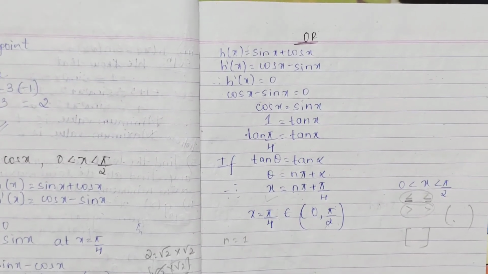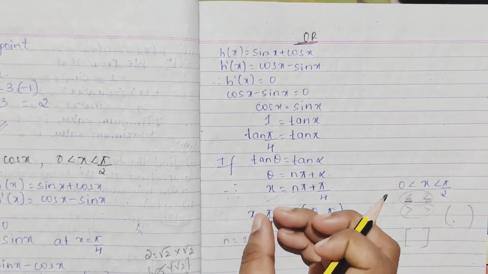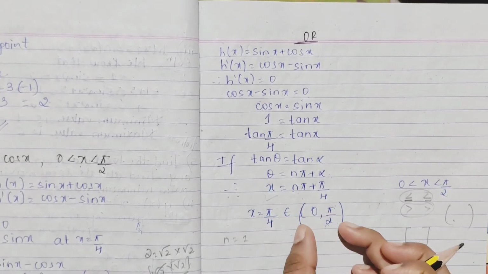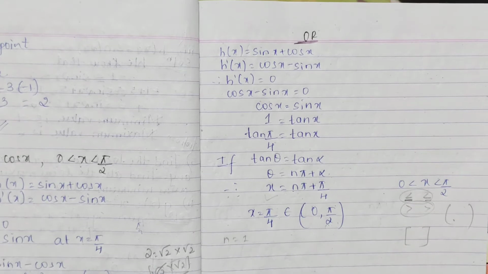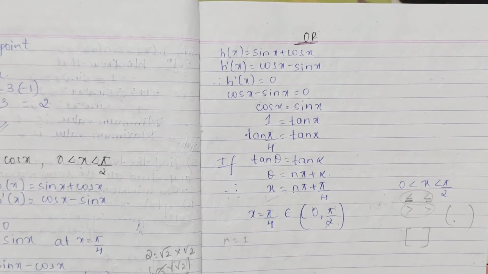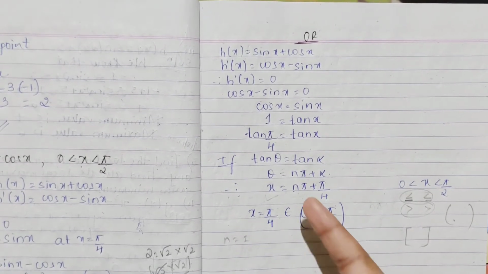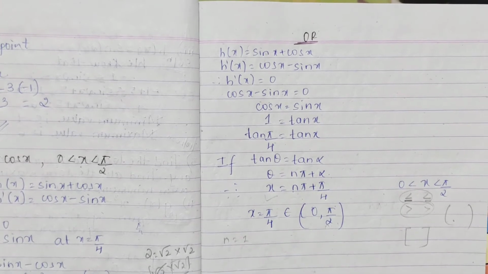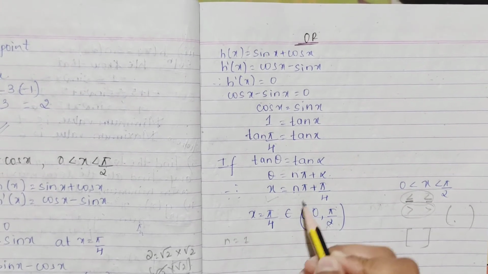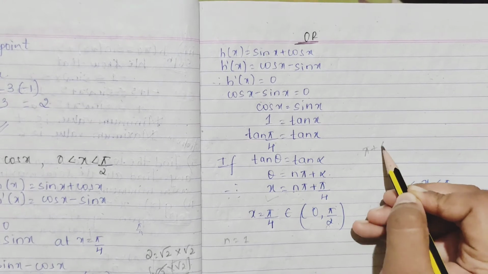Whatever value you get by substituting, it must be in the interval. Then only you have to tell whether it belongs or does not belong. When you put n is equal to 1, you will get pi plus pi by 4.